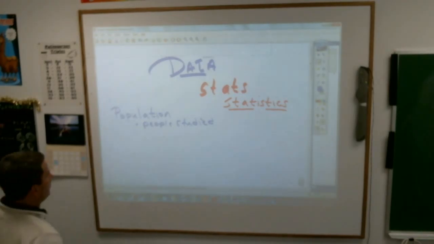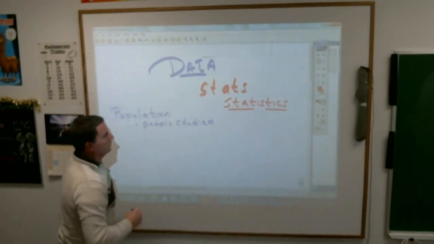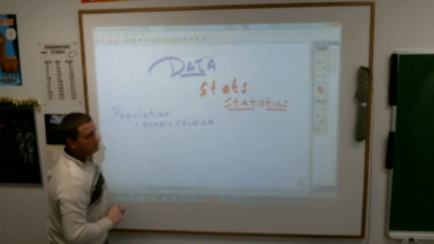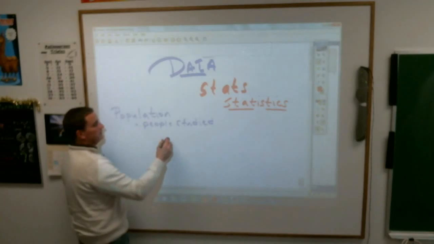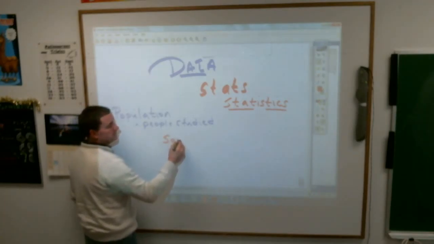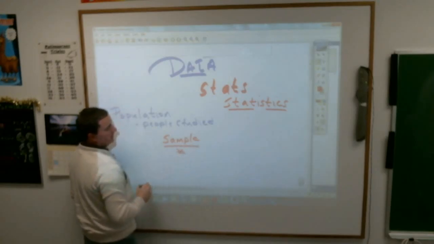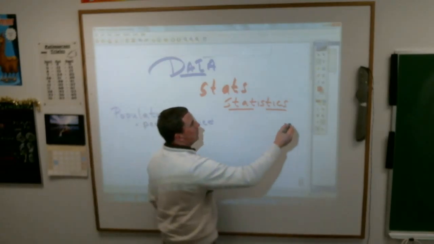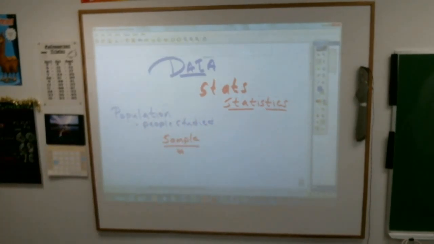Often it would take way too long to survey every person that walked into the park, so they use what is called a sample, which is a small portion that represents a bigger one.